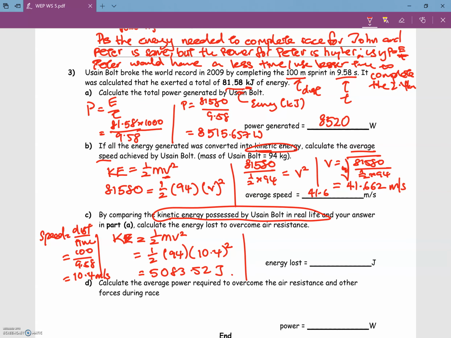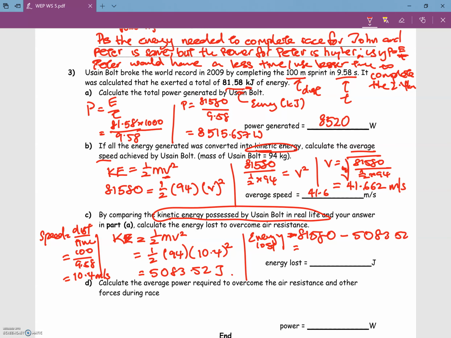Now, what is energy lost? Energy lost will be equal to 81580, because that's the amount of energy he has generated or exerted, minus 5083.52, because this is his real life kinetic energy.